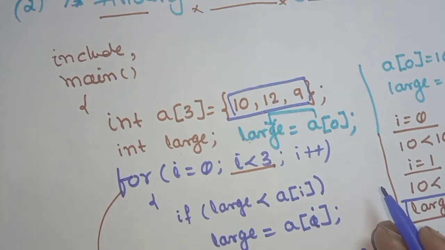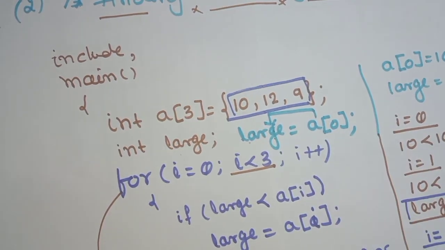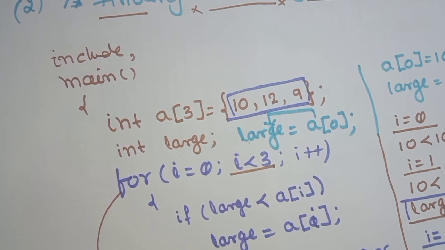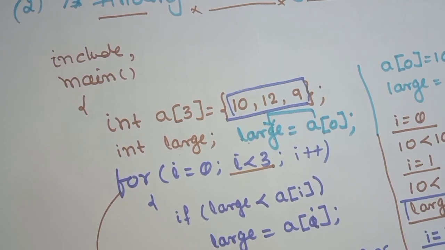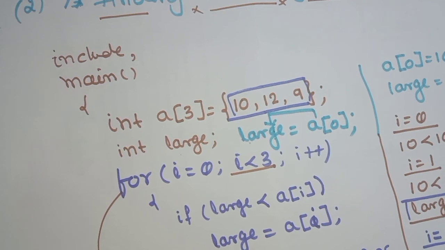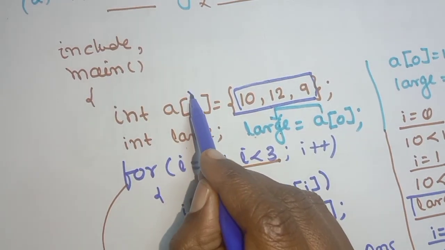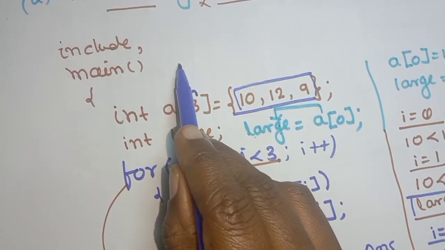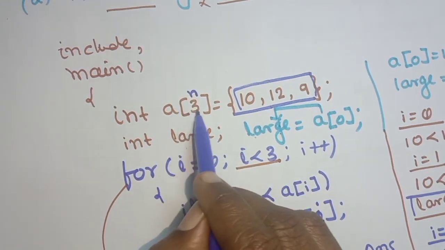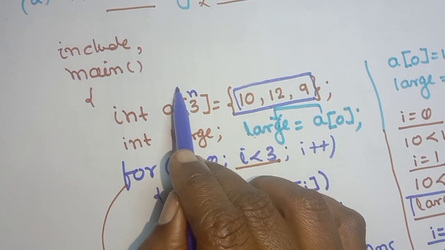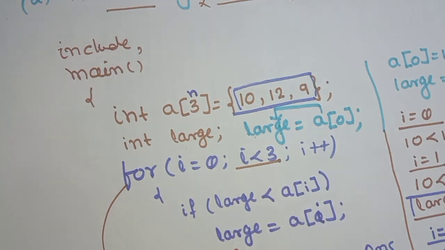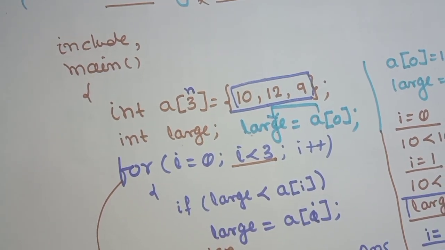So write the general program for the largest number in an array and the smallest number in an array. A general program is nothing but: first, think of this as one variable n. This n should be declared before, and read that n value, and that is taken by the program. Okay, please try to write that one.